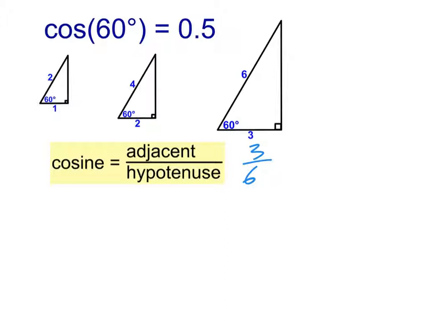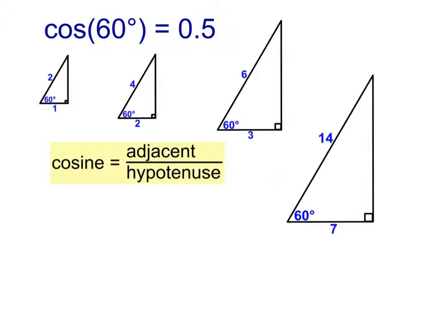It equals 0.5 still. Notice that no matter how I change that triangle, if I keep this angle the same, the ratio between the side lengths also stays the same. That's why these values exist, and how we can know that cosine of 60 always equals the same value, because it will always equal whatever the adjacent over the hypotenuse is, and in this case always 0.5.